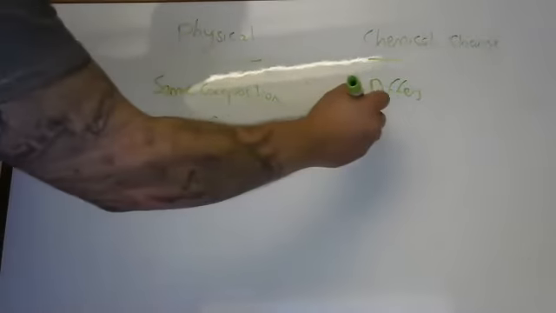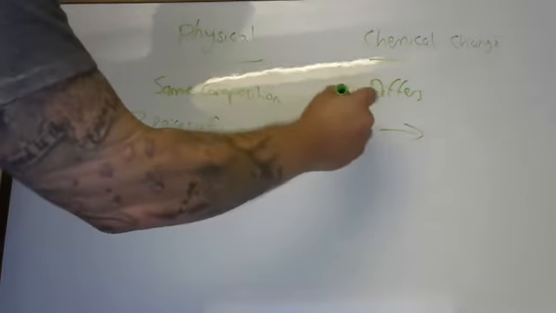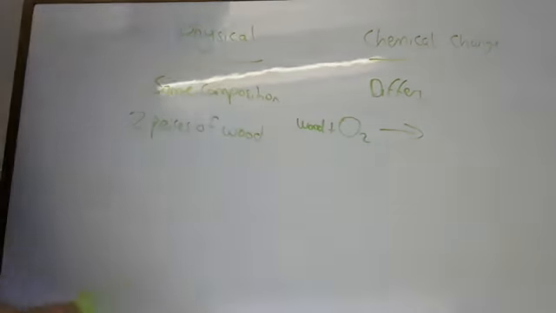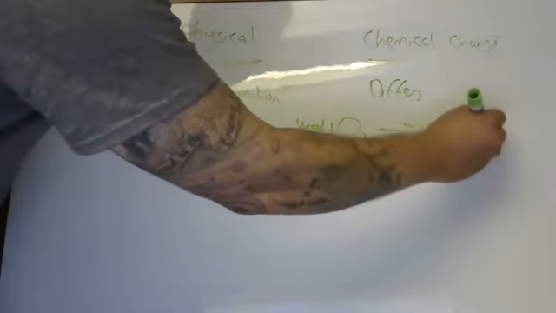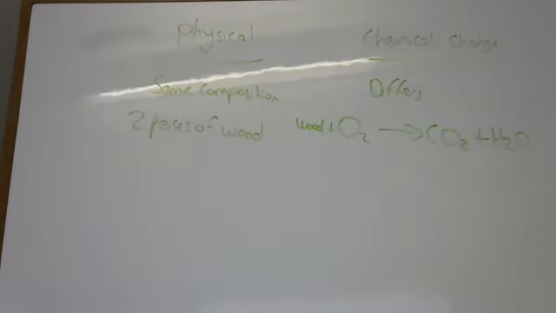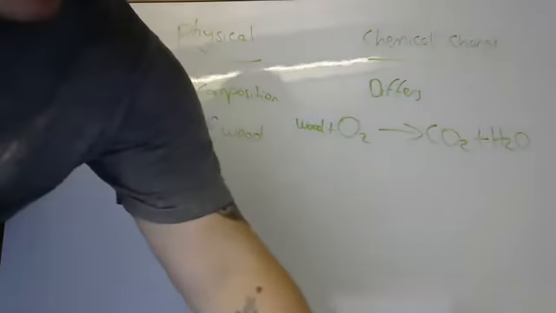If I burn the wood in the presence of oxygen, in a combustion reaction, I will produce carbon dioxide and water. So, what was there originally?